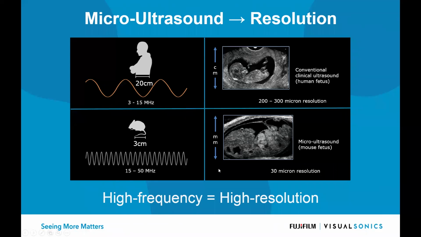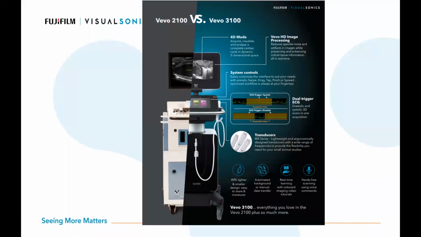This order of magnitude increase in resolution is what everything else falls out from, with Doppler, nonlinear contrast, and photoacoustics, all of the other modes and capabilities that we have on the system.